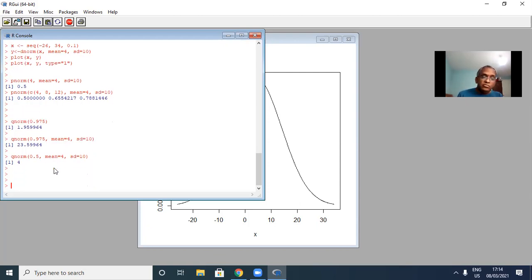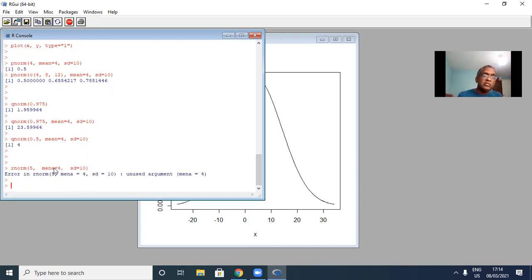And finally, you can also generate random numbers from a normal distribution using the rnorm command. So suppose you want to generate five random numbers from a normal with mean equal to 4 and standard deviation 10. This is what, sorry, I made a mistake. What did I do here?